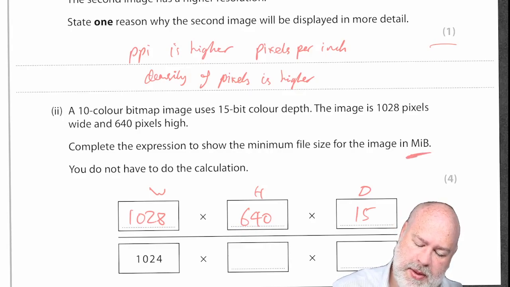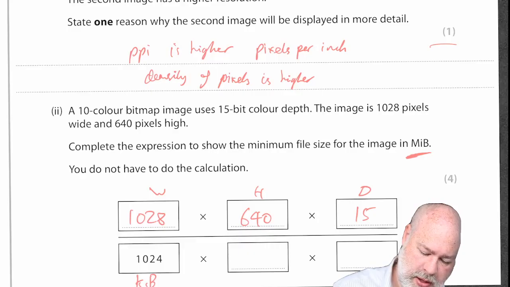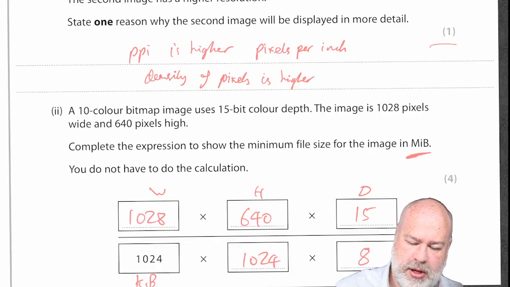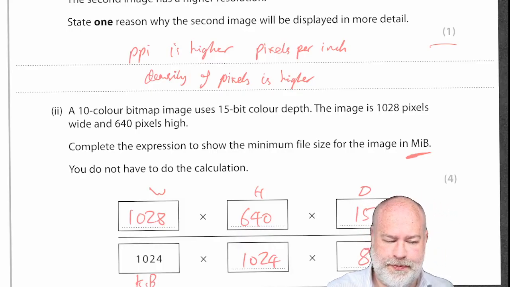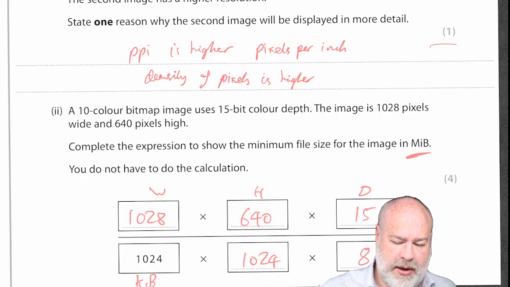Again, it's megabytes. A kebibyte is 1024. Timesing it by 1024 again will give us our megabyte. And then again, because it's a byte, we don't want to look at just bits, but bytes, and a byte is 8 bits. So that would be enough to get you your 4 marks.